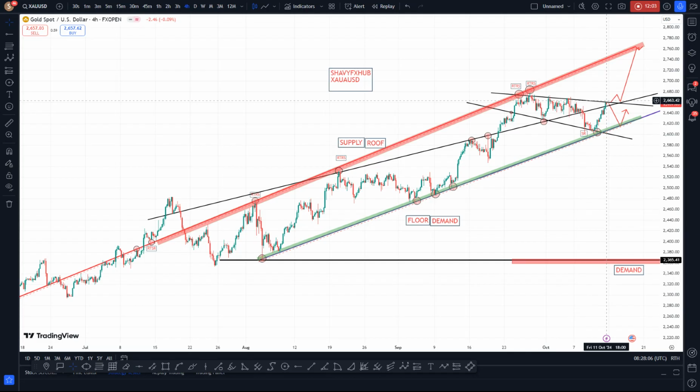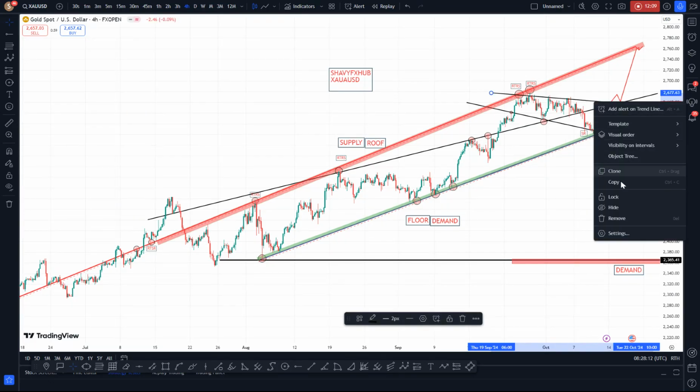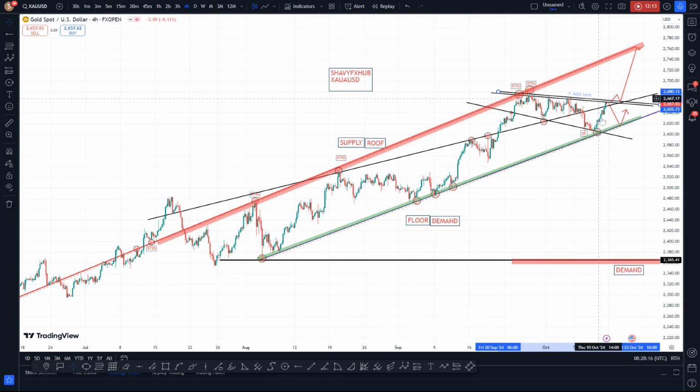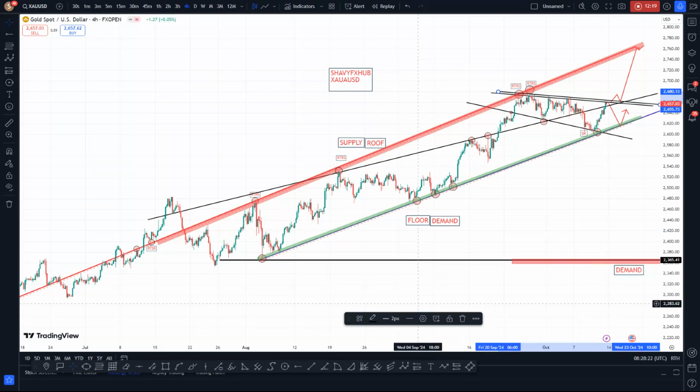Like I said, the supply roof is always where you wait for a sell. So we'll be seeing if price will be able to break this roof. If price is able to break this roof, it further shows that the demand is still high and that price might make its way to a long-time supply roof where the bearish order blocks lie.